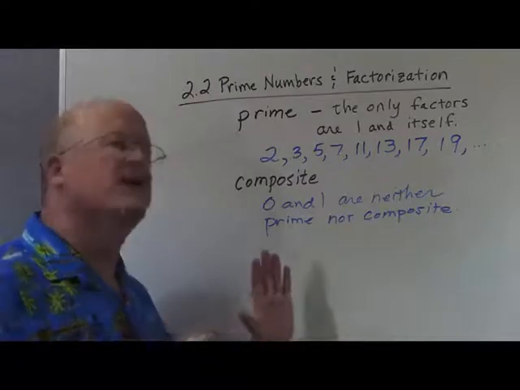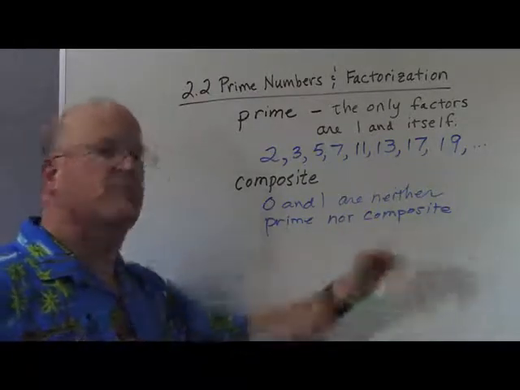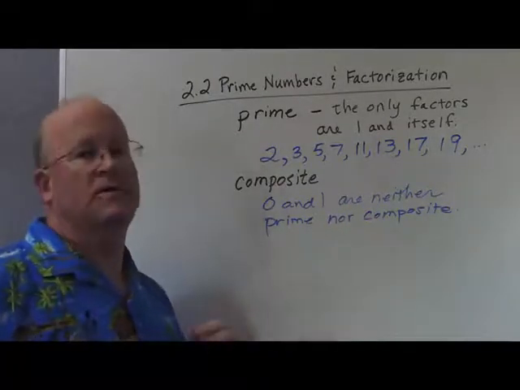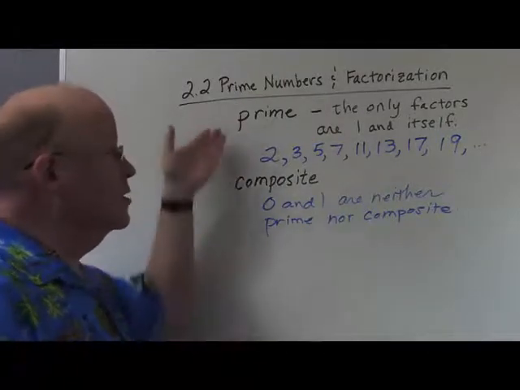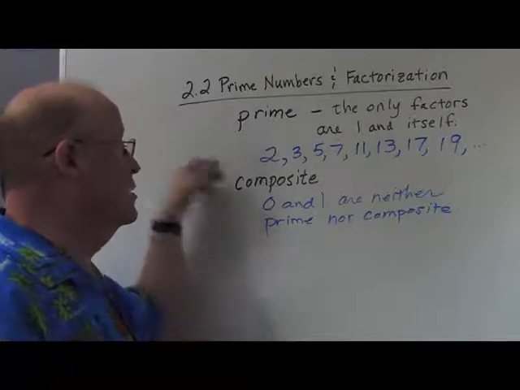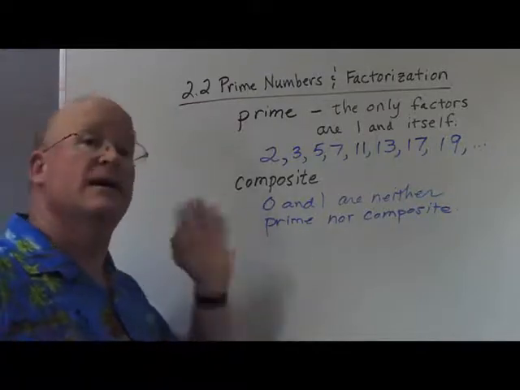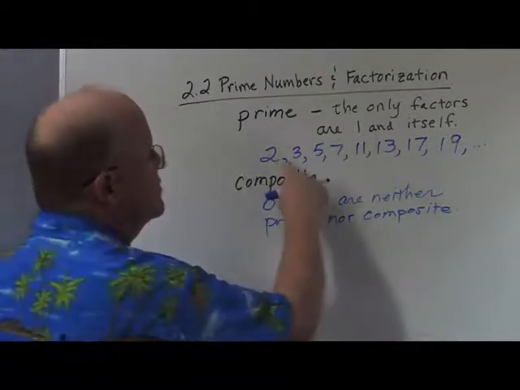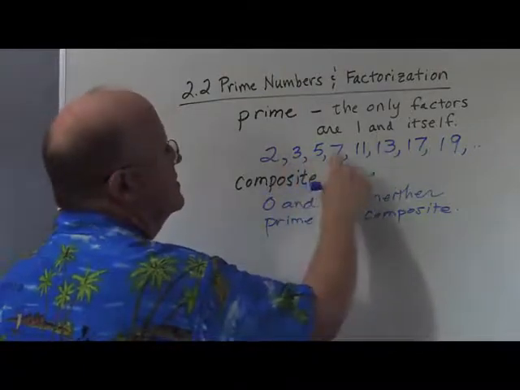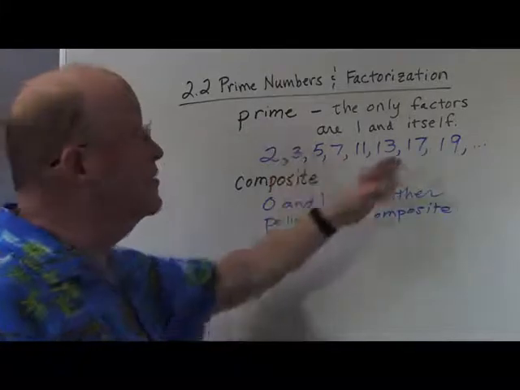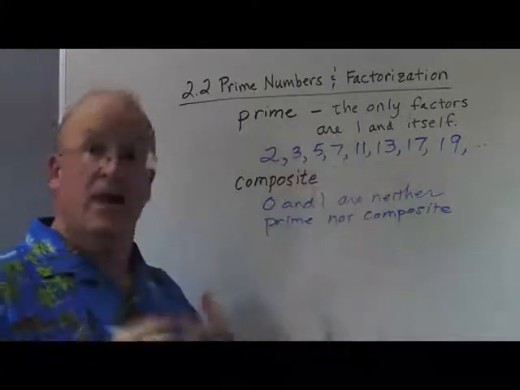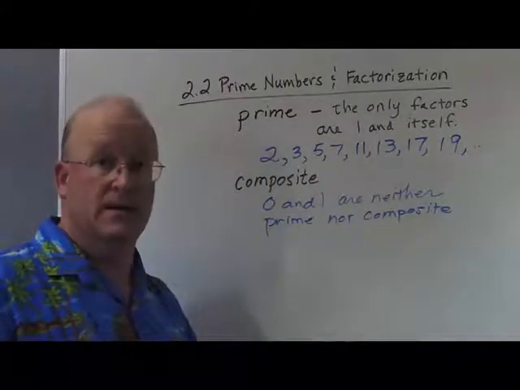By definition, we say it's neither prime nor composite. 0, the same thing. Every other number that doesn't fall into one of these two categories of 0, 1, or these prime numbers is then composite. So the 4, the 6, the 8, the 10, all these numbers that we skipped over here, including 9, those would all be composite numbers.